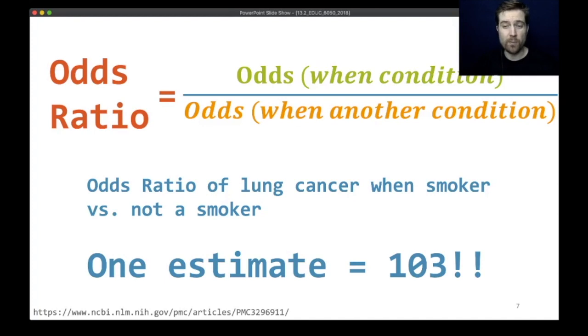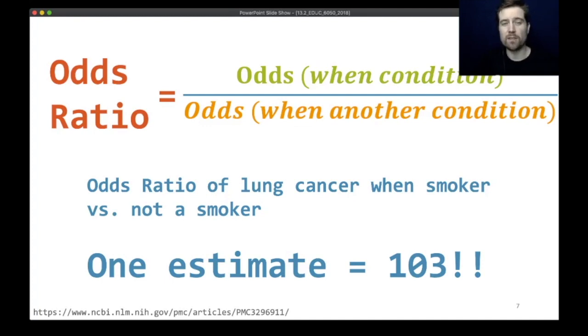That means it's really small when not a smoker. And quite likely the odds of getting lung cancer when not a smoker is probably really small, like well below 1.